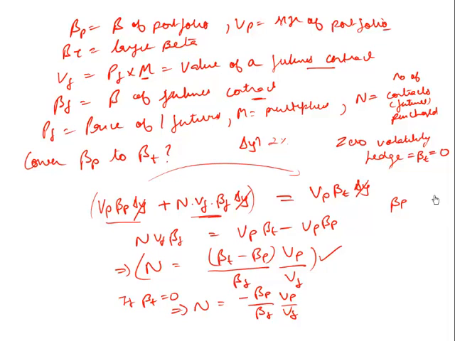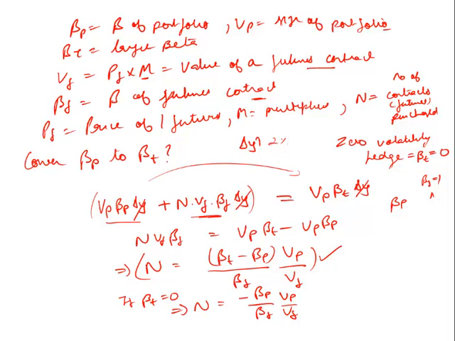That is, if the futures changes by so much, then the portfolio changes by so much. If this beta is not with respect to the market, it is with respect to the futures position itself, then beta of the futures will be inputted as 1. Just like beta of the market is equal to 1.